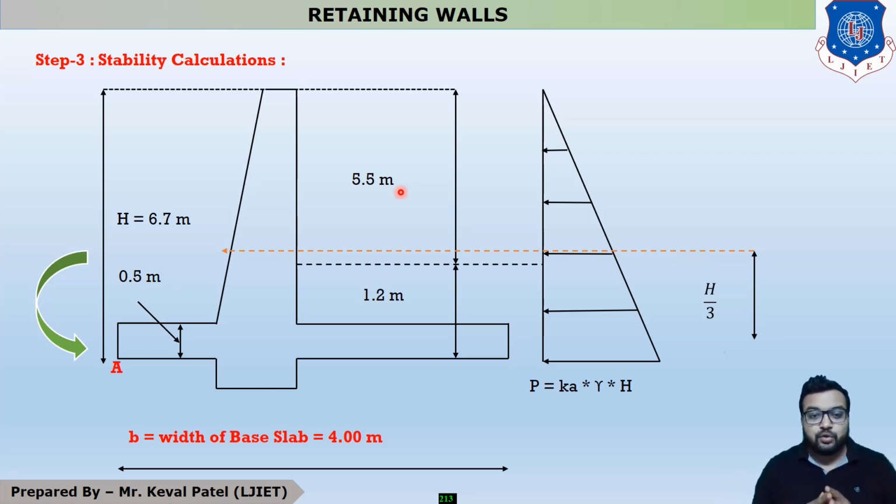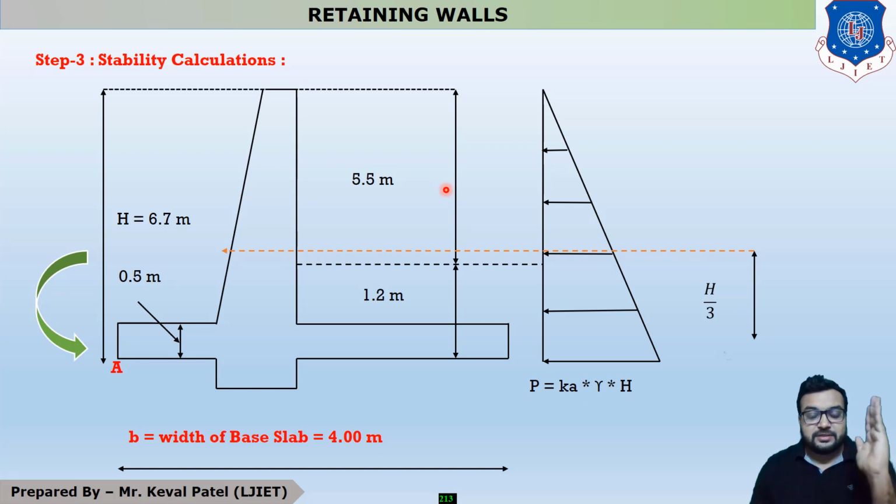Which component acts as a horizontal force, or which component tries to move the retaining wall horizontally? It is the backfill soil. You all know that our soil is at this portion. This whole portion is covered with soil.